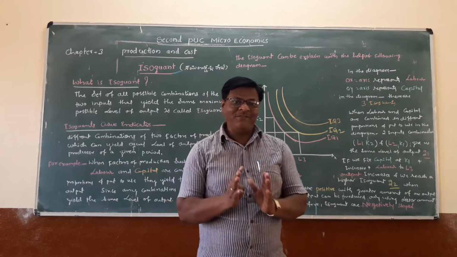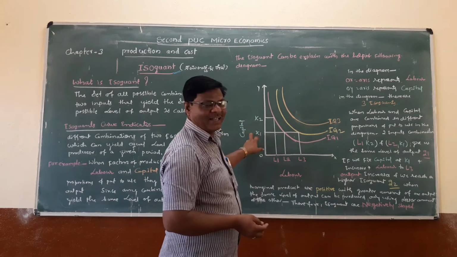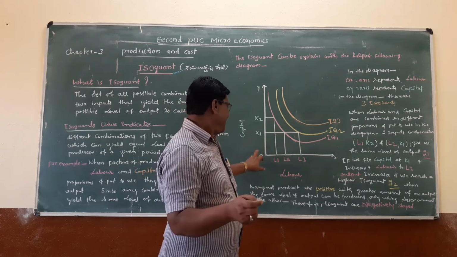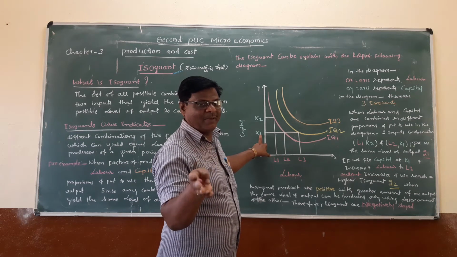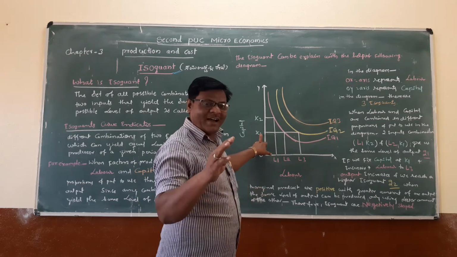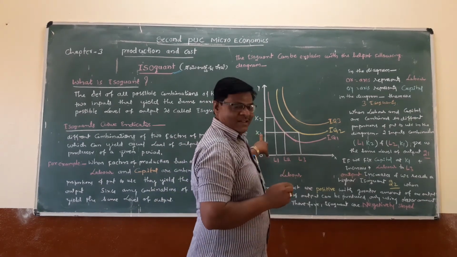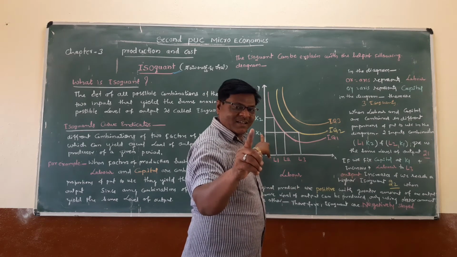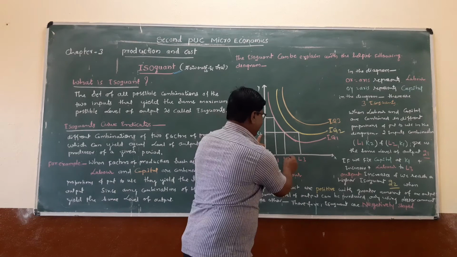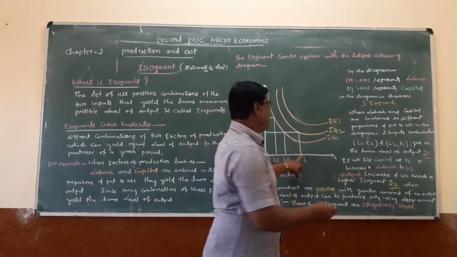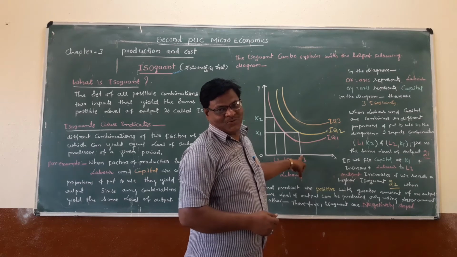Keeping one factor fixed, that is, keeping capital fixed at K1 and increasing labor from L1 to L3, we reach the higher isoquant curves. That is, more output can be produced.